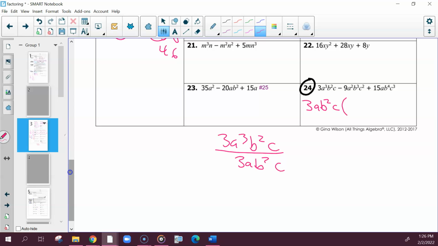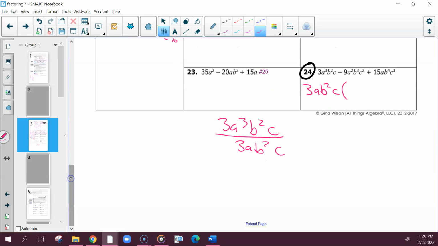What would we have here? A squared. And that's it for that one.